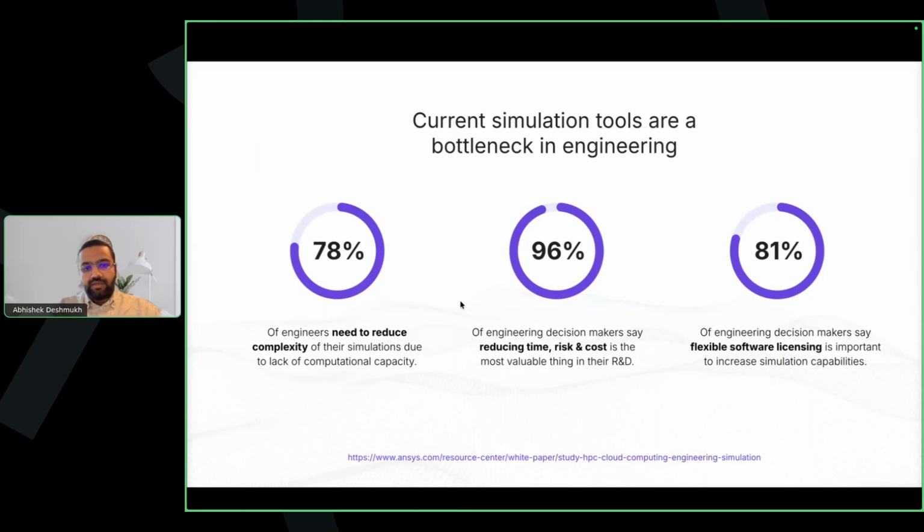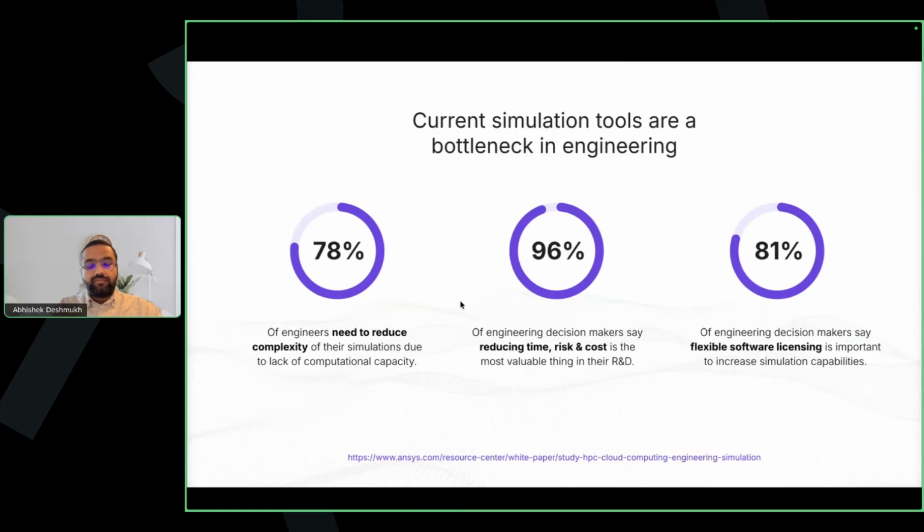On the other hand, engineering decision makers or managers would like to reduce the cost and risk, and at the same time have the impact of simulations on the product.